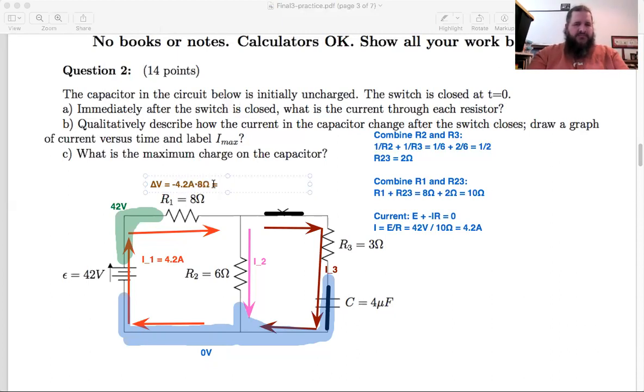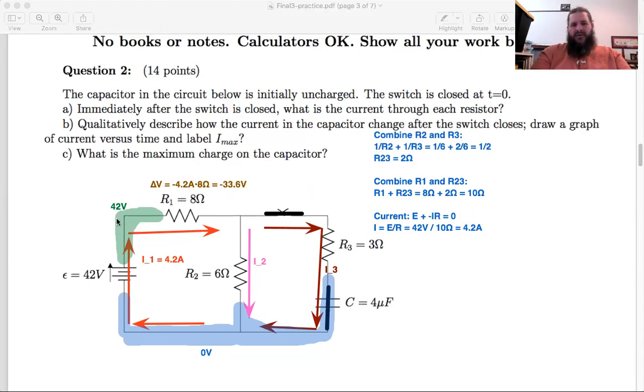That's 24, what is that, 24? 32, plus another 1.6, 33.6, I think. So that would be how much voltage we're losing as we cross over that resistor.